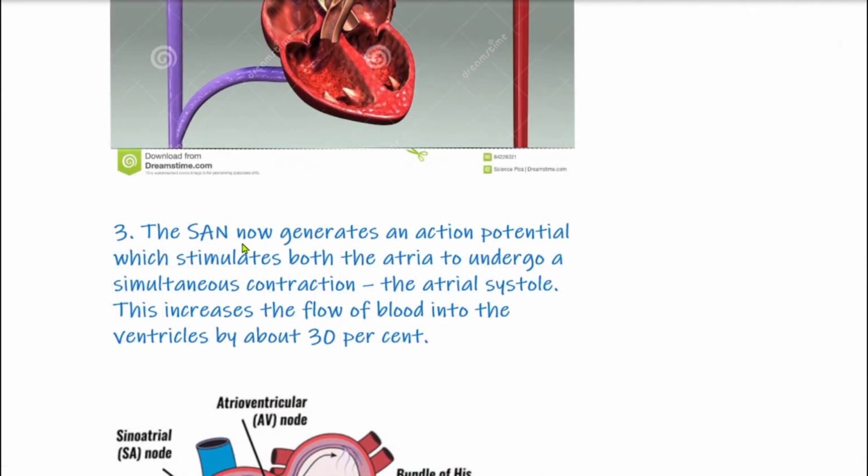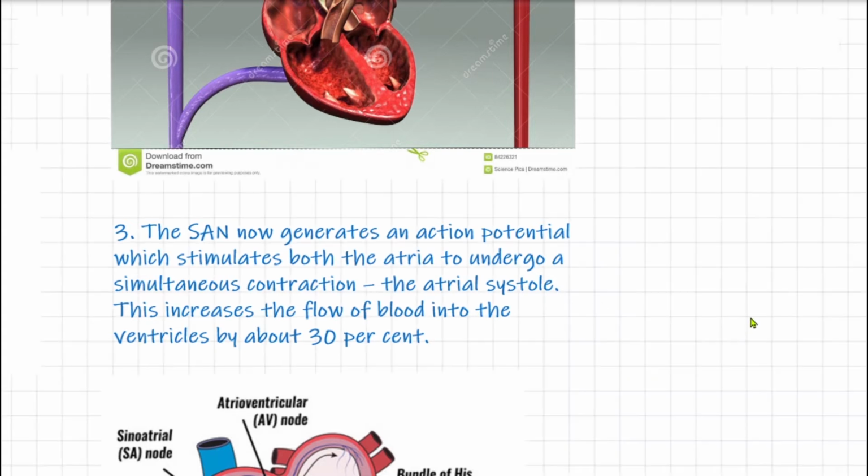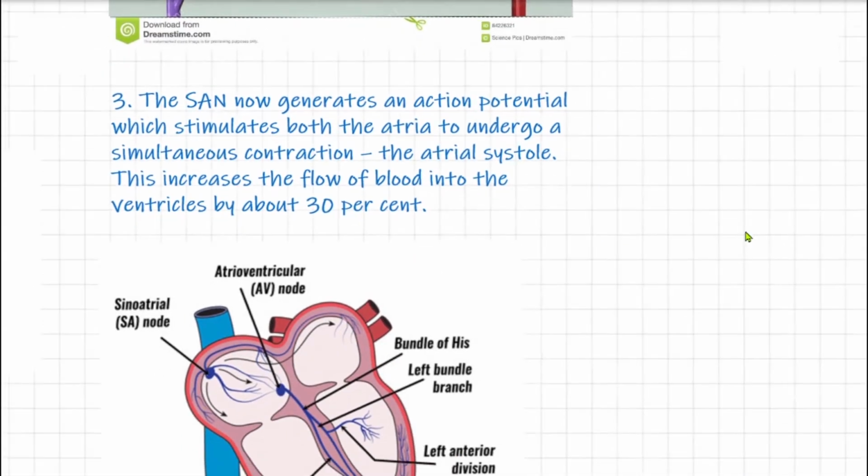Now the SA node generates an action potential which stimulates both the atria to undergo a simultaneous contraction, the atrial systole. And students, now what happens?